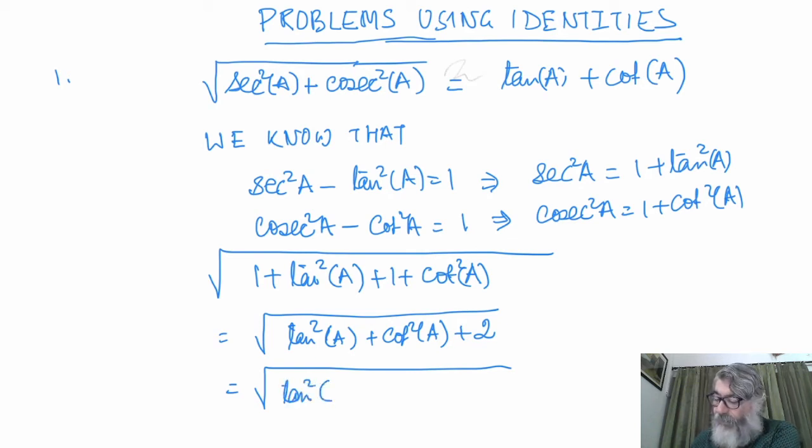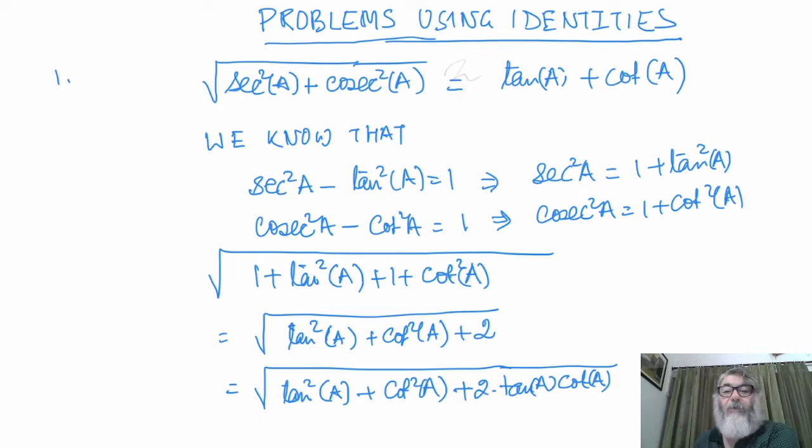Tan square A plus cot square A plus 2 tan A into cot A. I have written along with 2, I have added tan A cot A because tan A and cot A are the reciprocals of each other.